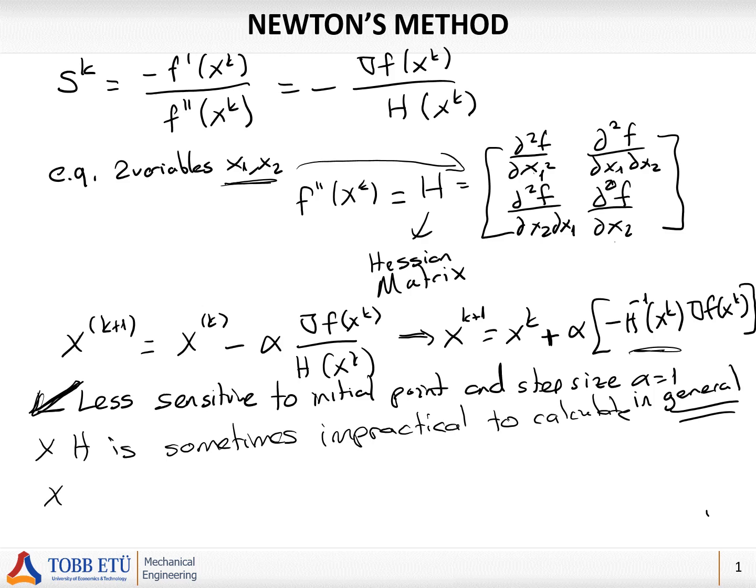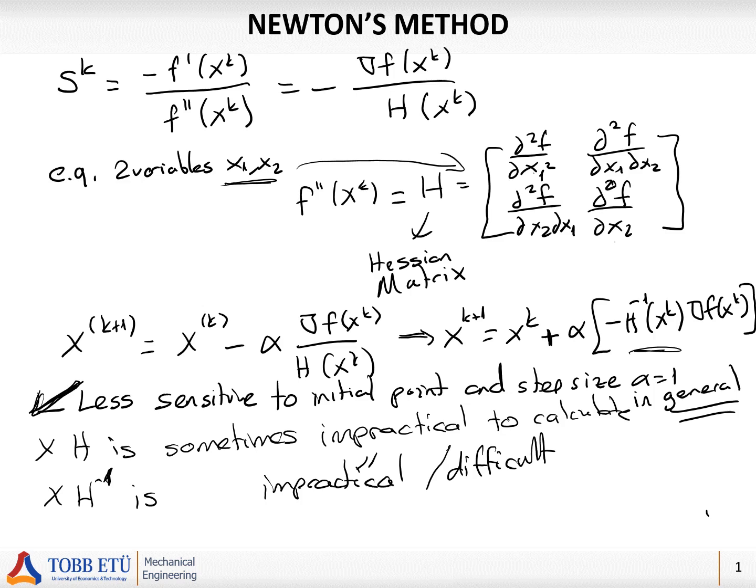Also, another disadvantage is again based on the Hessian, especially for a higher number of design variables: the inverse H^-1 is impractical or difficult to compute. So we have to be careful about this Hessian matrix.